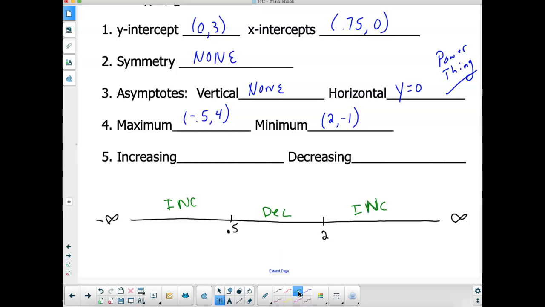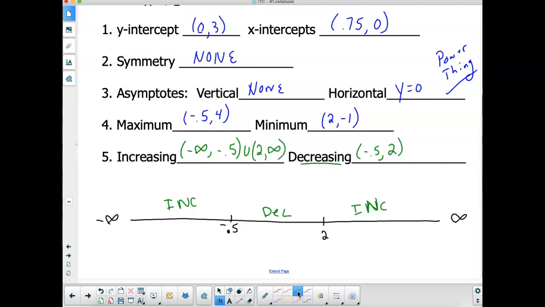So increasing, I have an interval from negative infinity all the way up to negative 0.5. And then from negative 0.5 until 2, I decreased. And then union, because there's 2 of them, at 2, forever and ever, I increased again.